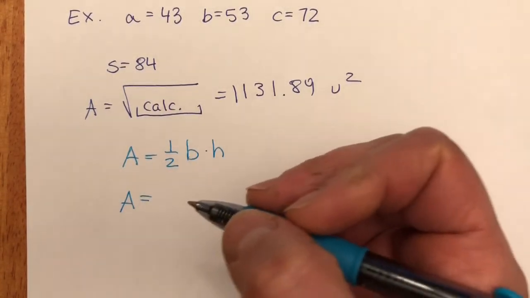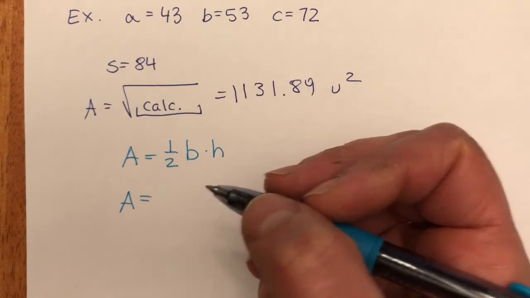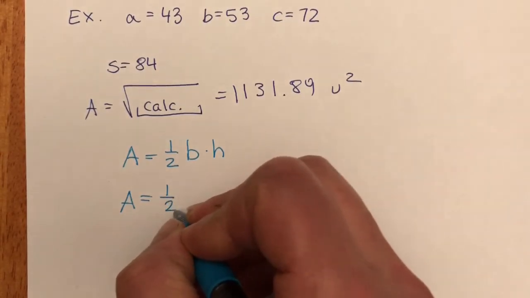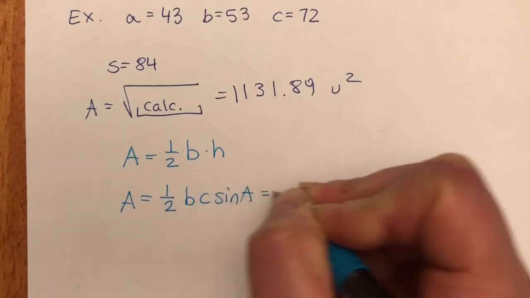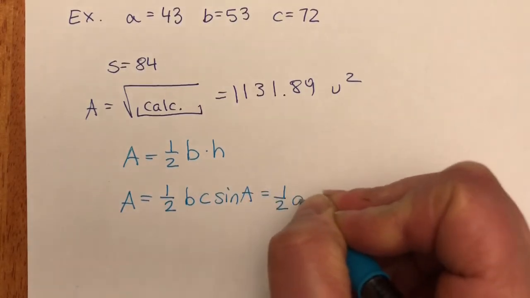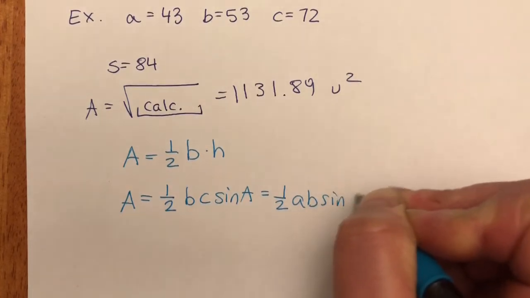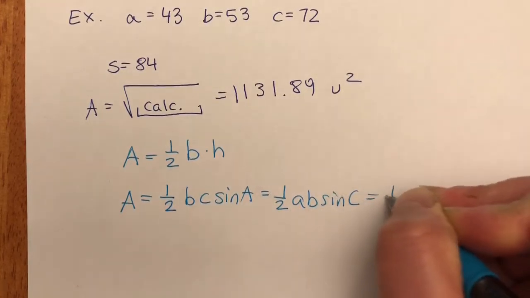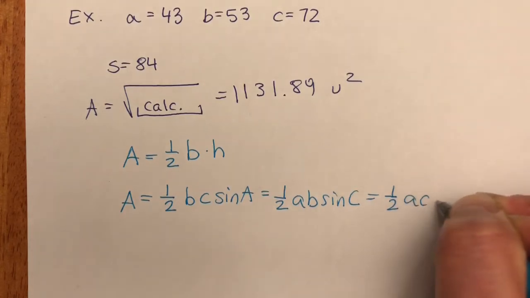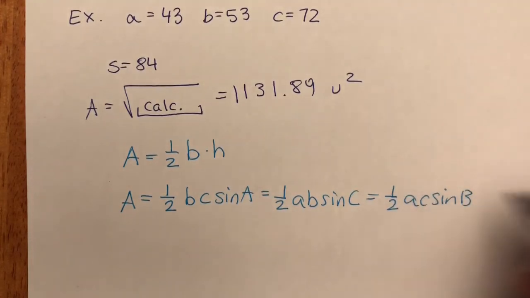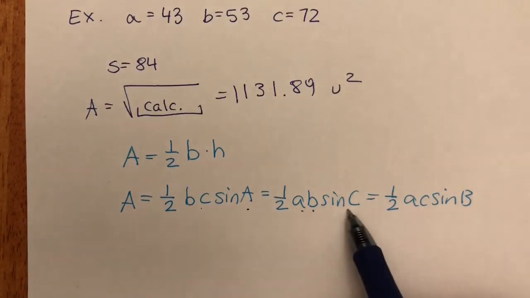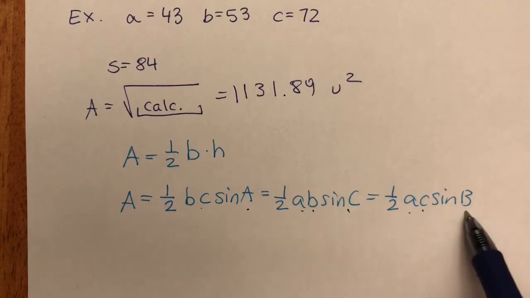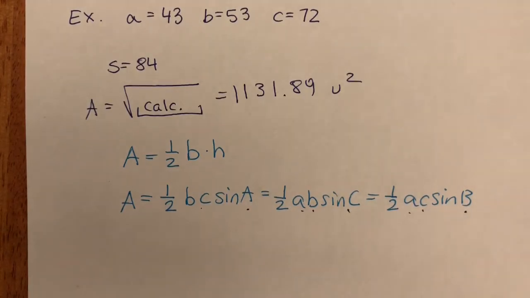Yesterday, applying the laws of sines, we said that we can use the formula 1/2 BC sine of A, which is also equivalent to 1/2 AB sine of C, which is also equivalent to 1/2 AC sine of B. Let's make sure I did not mess this one up. BC goes with angle A, AB goes with angle C, AC goes with angle B. They kind of complement everything.